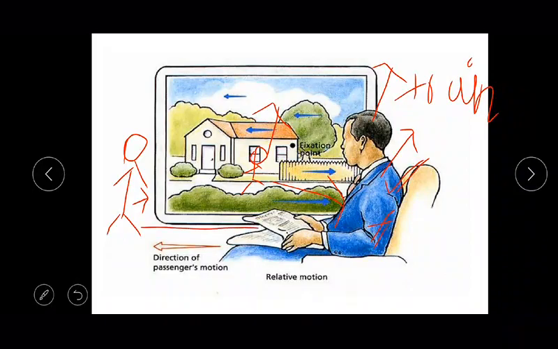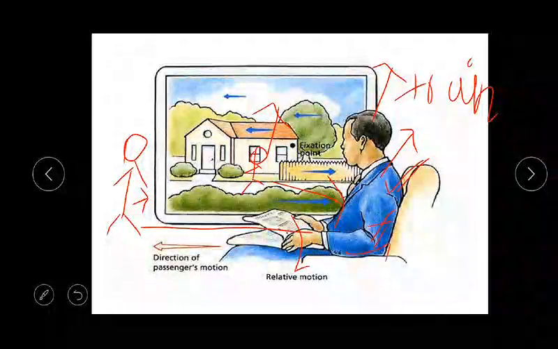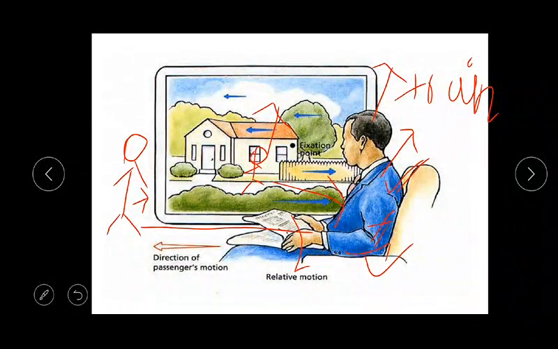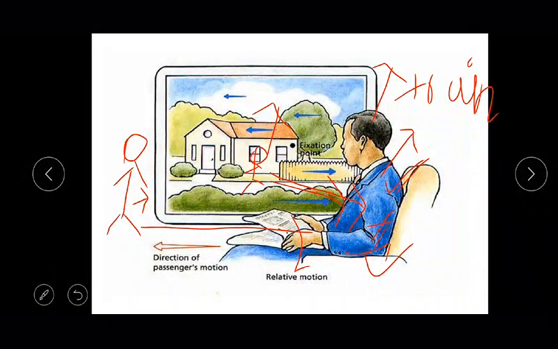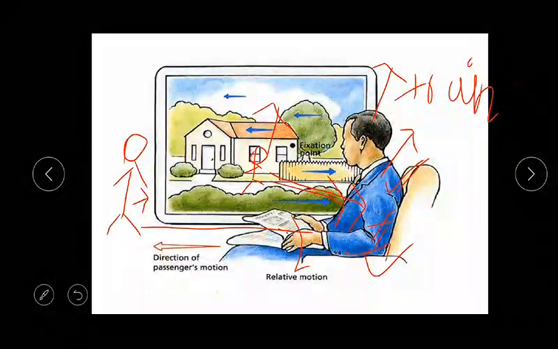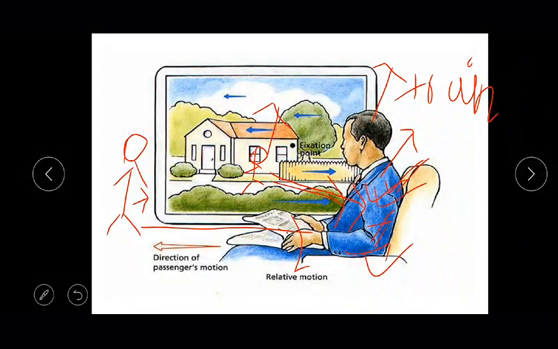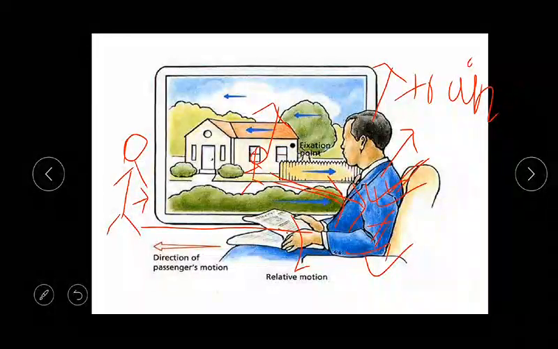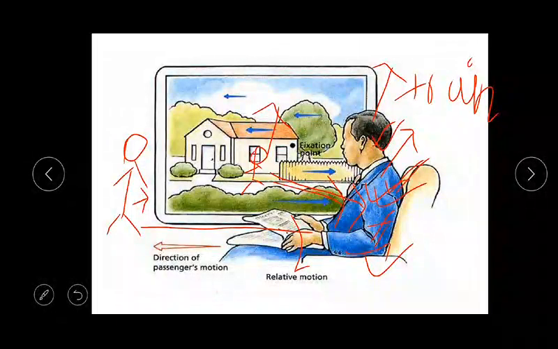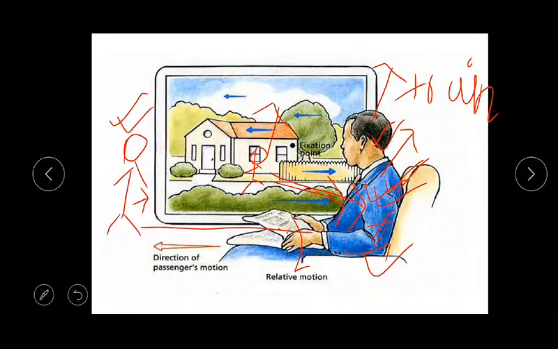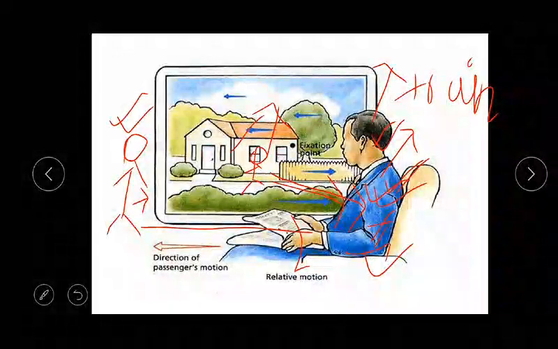For the co-passenger the person is at rest, while for a person outside in his house, observing the train moving, this person is actually moving. So this same person is at rest from this reference point and in motion from that reference point.